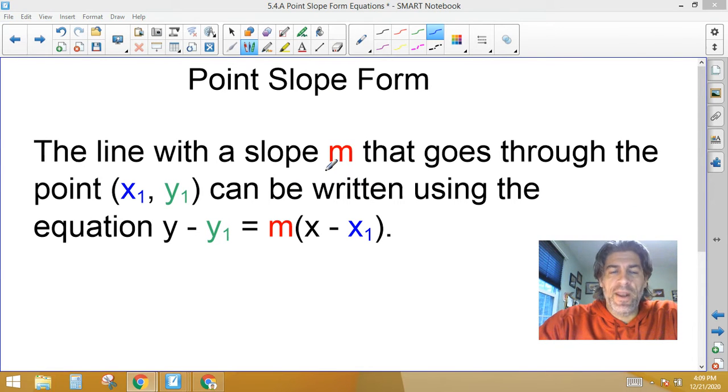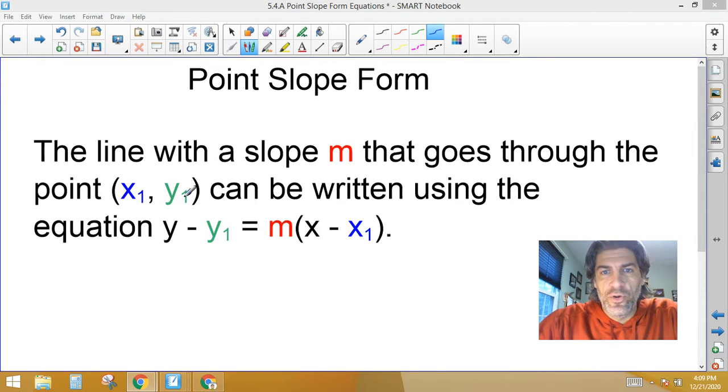The point-slope formula is this. If we have a slope of m and it goes through the point (x1, y1), these are subscripts. We talked about them briefly in chapter 4, a little tiny bit. This is just saying this is my first one, this is my second one.